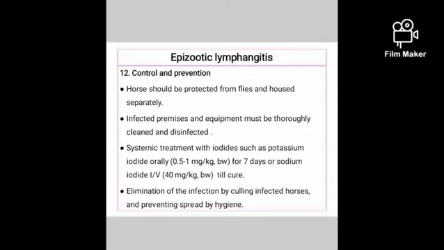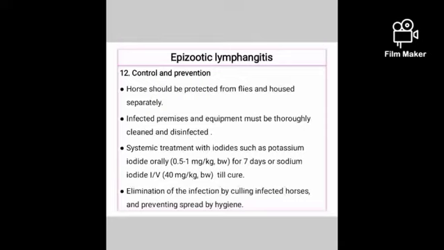The most important part is the control and prevention of epizootic lymphangitis. Horses should be protected from flies and housed separately from other horses. Infected premises and equipment must be thoroughly cleaned and disinfected.